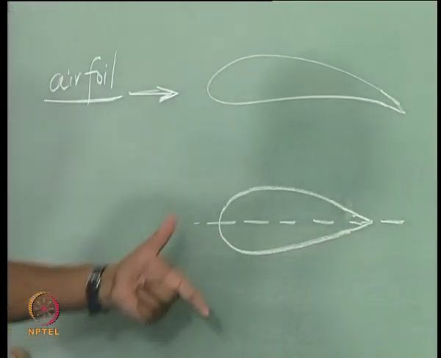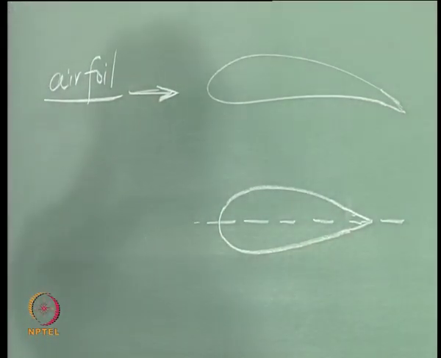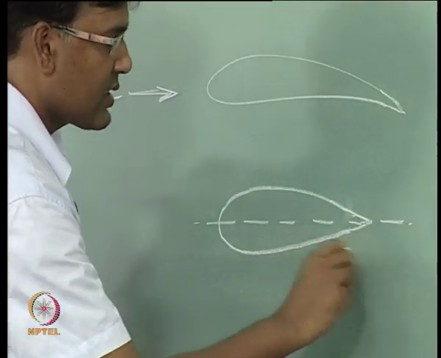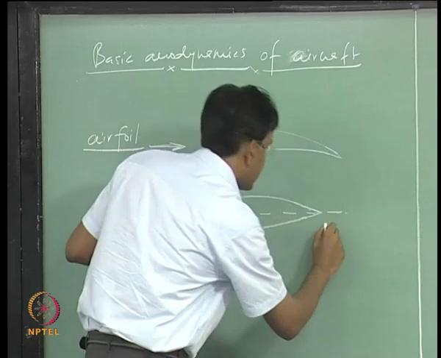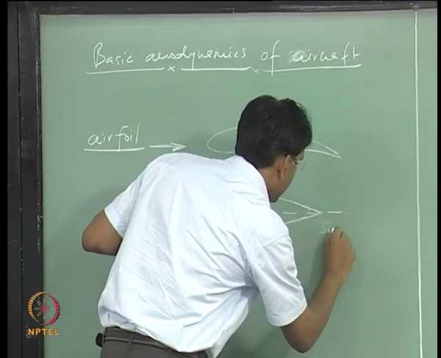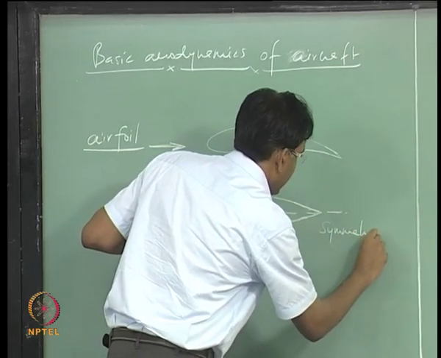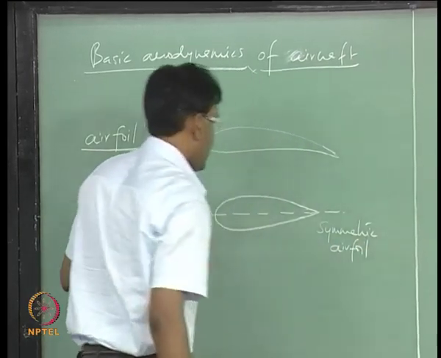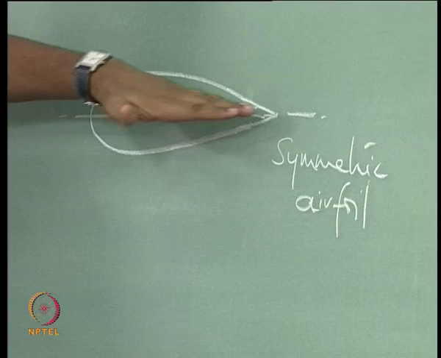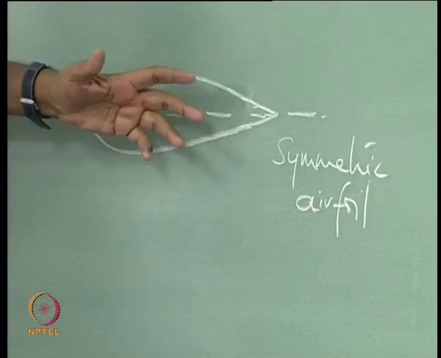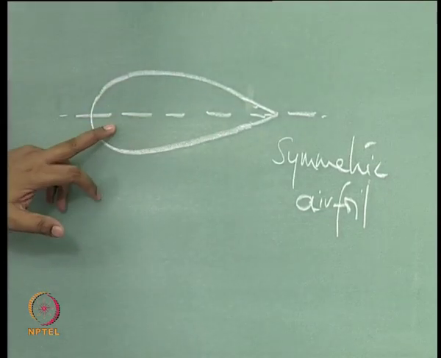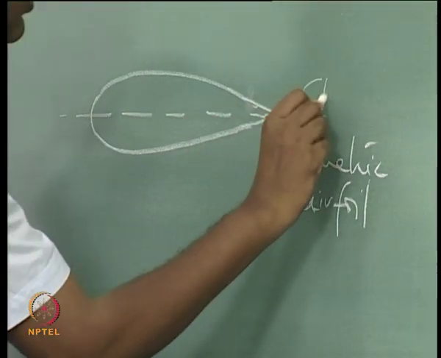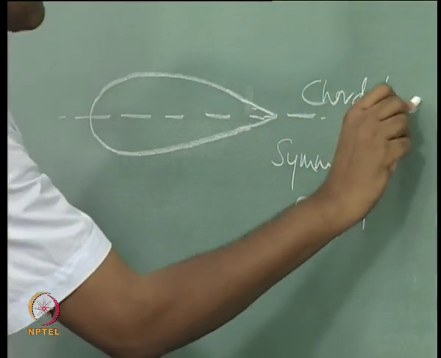So, this airfoil which looks symmetric about this line is called a symmetric airfoil. So, this part above this line is a mirror image of the part which is lying below this line, and this line is called the chord line.